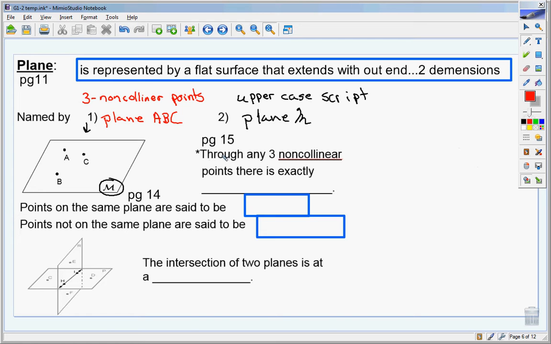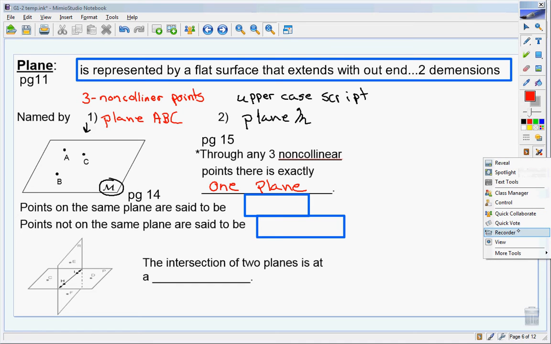And again, I think if you looked on page 15, you'd find that this is also a postulate. Through any 3 non-collinear points, there is exactly 1 plane. And I want to go up to the board and show you why that is true.